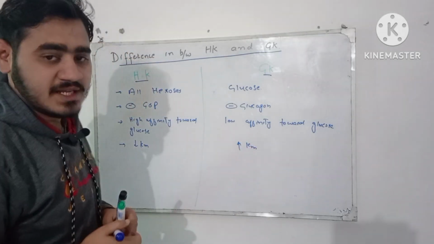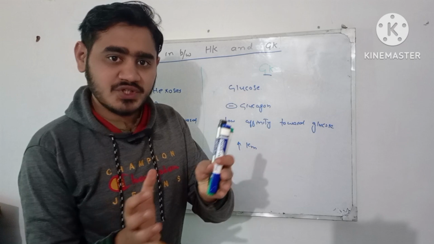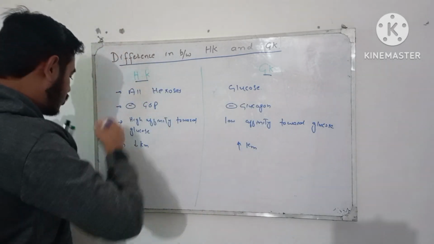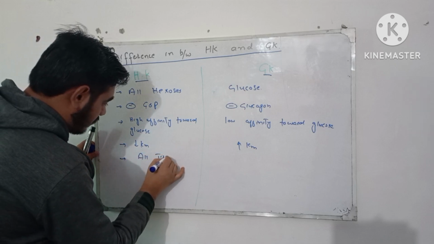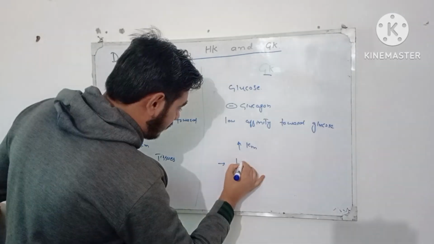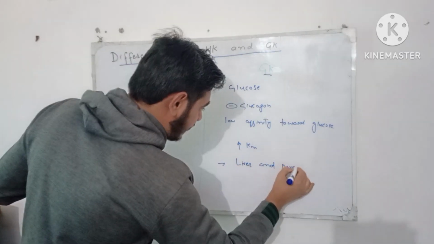Km means Michaelis-Menten constant. It shows the affinity of substrate toward the active site of an enzyme. Hexokinase enzyme acts upon all tissues, while glucokinase enzyme acts upon liver and pancreas.